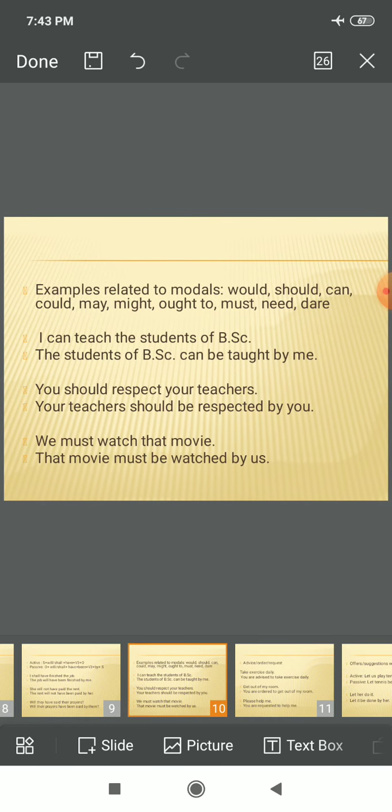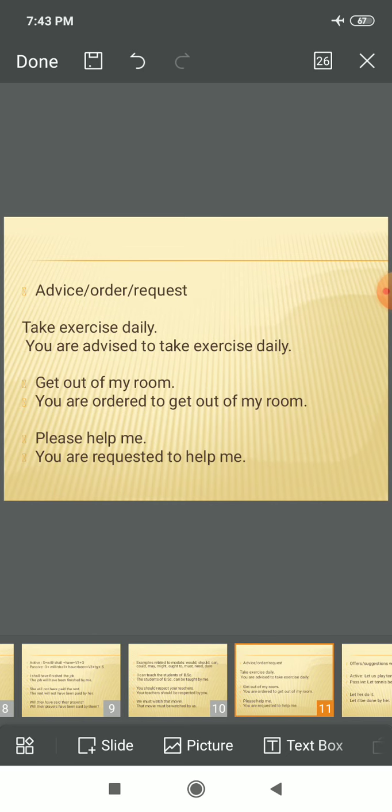Wherever may is there, might, ought to, must, need, dare, etc., in all these types we change it like this only, from first form to third form and adding be with the modals, right?